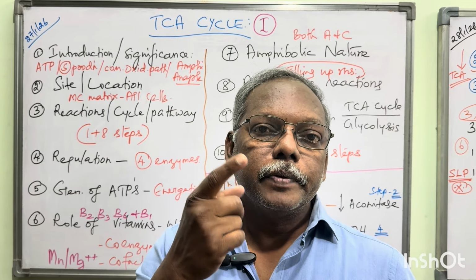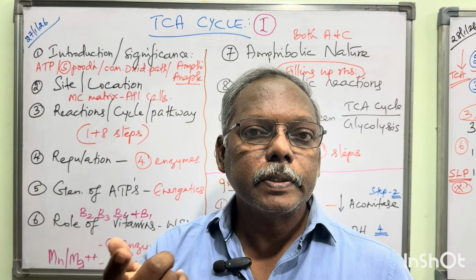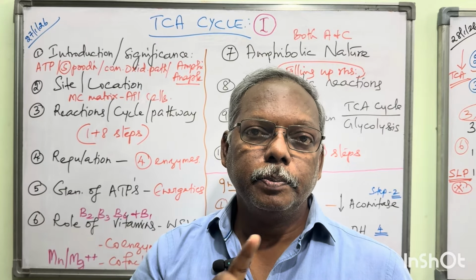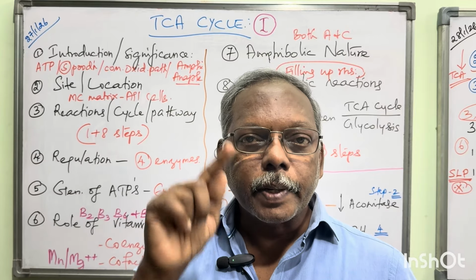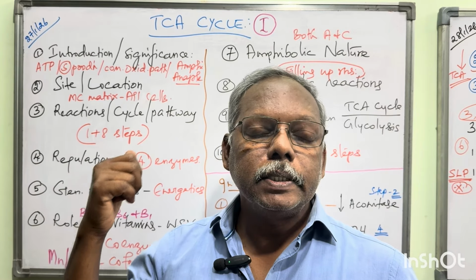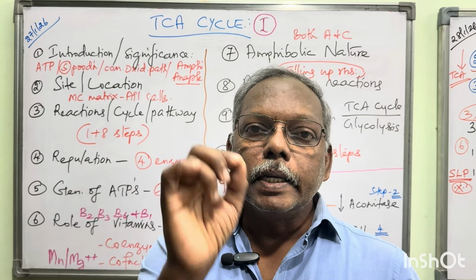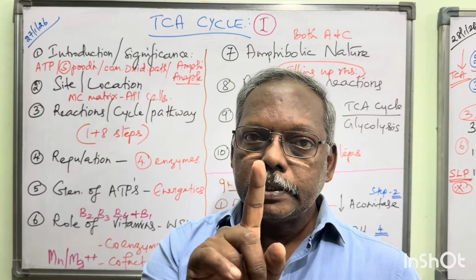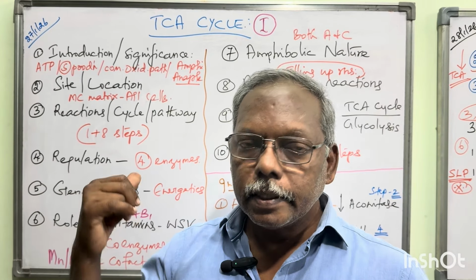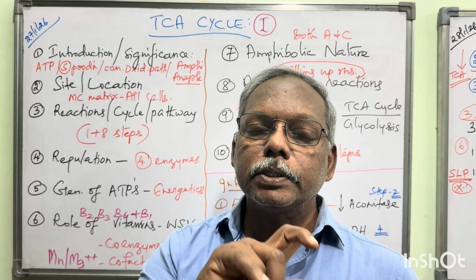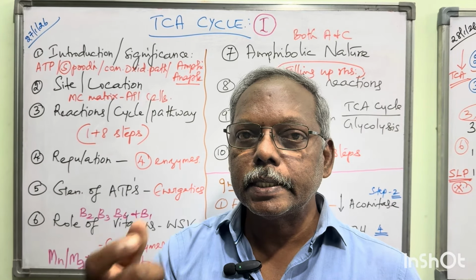The end product pyruvate is converted into acetyl-CoA with the help of PDH, pyruvate dehydrogenase. This acetyl-CoA enters into the TCA cycle. That is why acetyl-CoA is the initial product for the TCA cycle. That is the first reaction, conversion of pyruvate to acetyl-CoA. Then acetyl-CoA combines with oxaloacetate to produce citrate, which is the second. Like that, you have 1 plus 8, 9 steps, right?